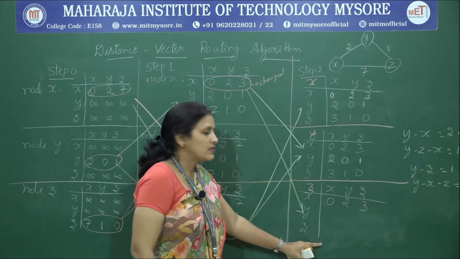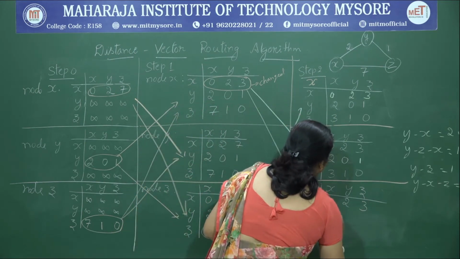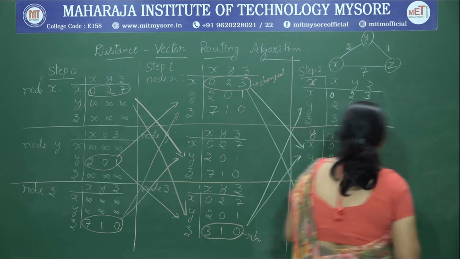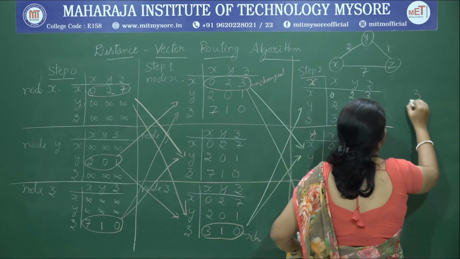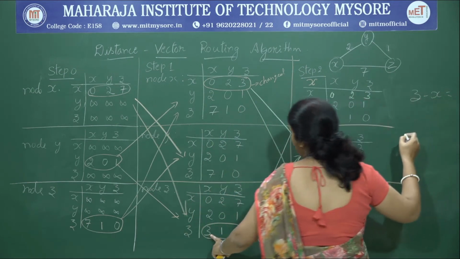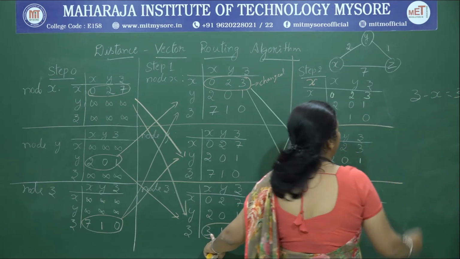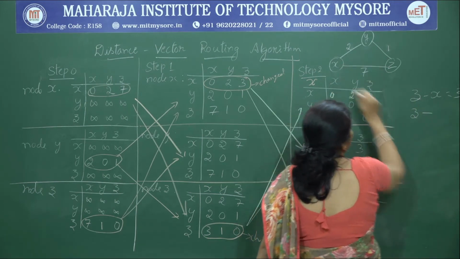Now, we will calculate the distance vector for z. For y we have 2, 0, 1. So, how to calculate it? From z to x we have 3 in the previous step. Now, is there any other path from z to x, z to y and y to x, right?